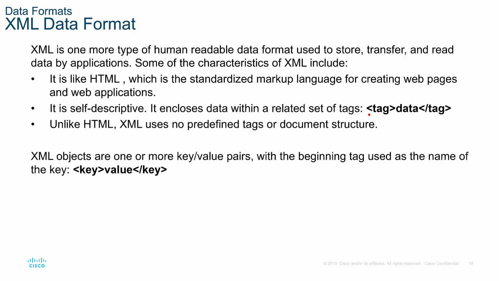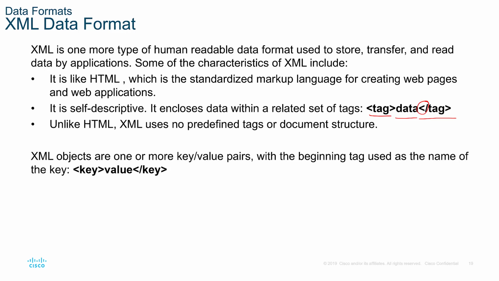So you'll have a tag, you'll have whatever data you want, and then you have the end tag. The end tag is denoted by the alligator eating the slash, or the greater than, less than sign, sorry. Unlike HTML, XML uses no predefined tags or document structure. You can do a key based off of what you need.